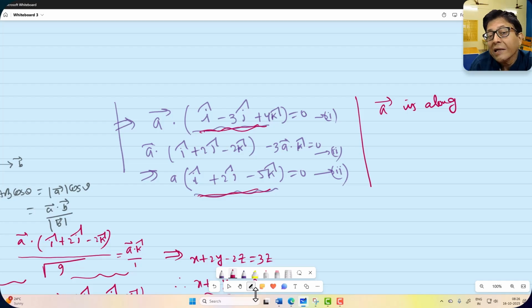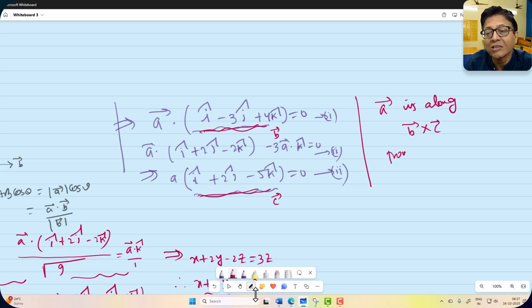So A is perpendicular to the plane containing these two vectors. So A should be along, say, B cross C. What we have taken as B? This one B and this one equal to C. So A is along B cross C.